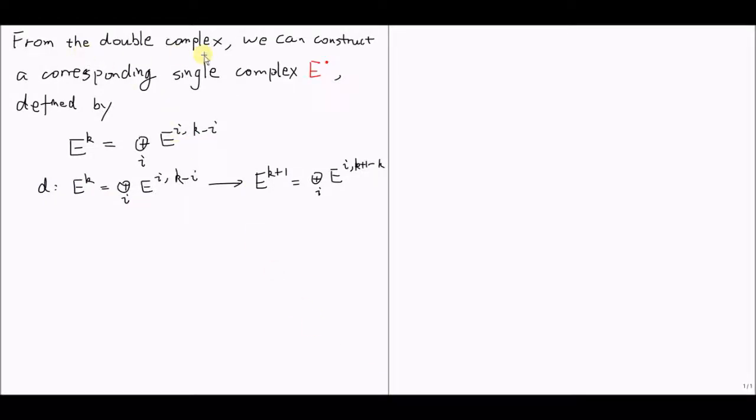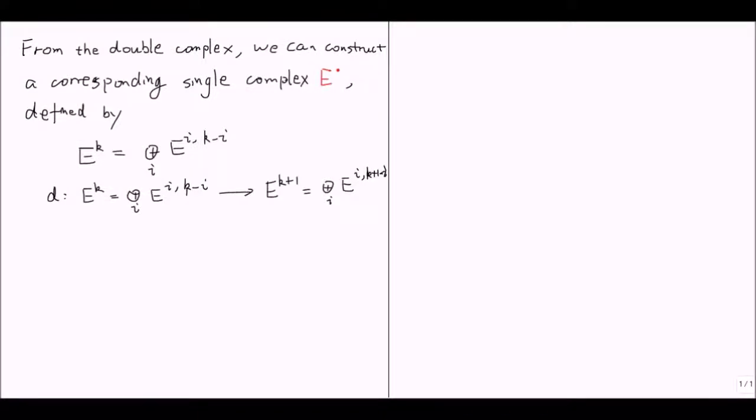From the double complex, we can construct a corresponding single complex denoted by E dot. This E dot is defined by setting E superscript k to be the direct sum of all E sub i, k minus i. There will be an associated differential d from E superscript k to E superscript k plus 1.